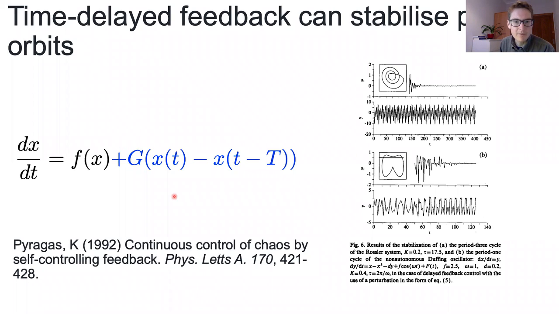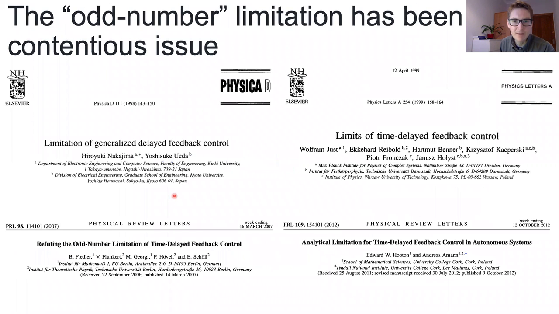Now, if you haven't heard of this method or approach before, it's potentially because of this so-called odd number limitation, which has been a contentious issue for this work and potentially been holding it back somewhat. There's been a whole raft of papers discussing and describing this limitation, trying to find workarounds to it, and also finding counterexamples of it.